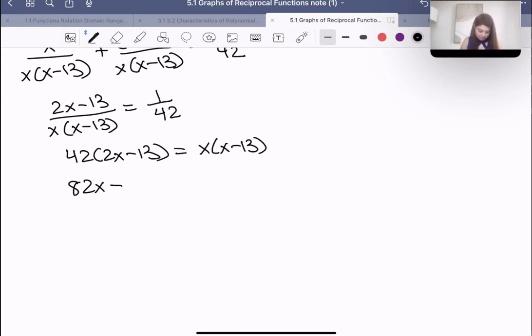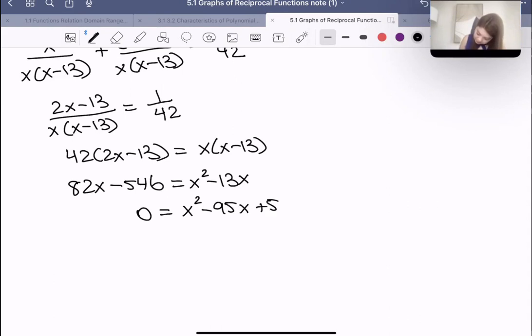Let's see, 42 times 13. 546 is equal to x squared minus 13x. And therefore we have 0 equals x squared, and then 13x minus 82. That's going to be negative 95x plus 546.